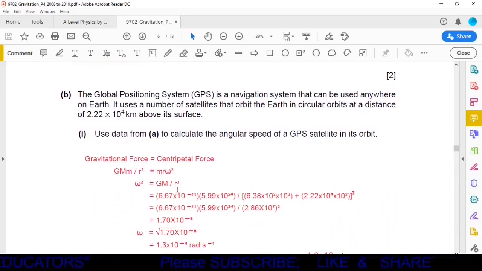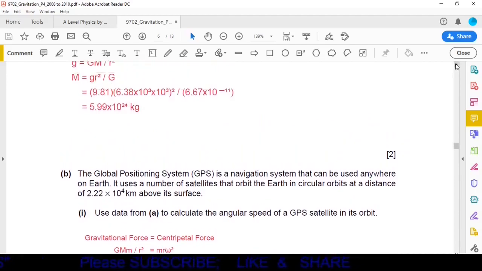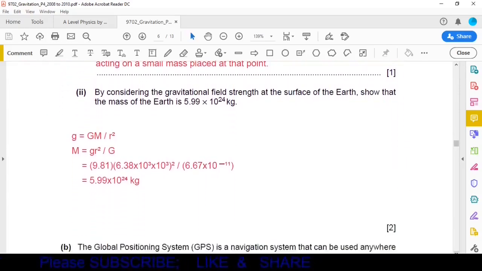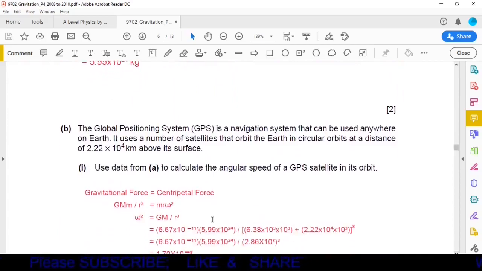Now divided by r. r is the distance from the center of the Earth to the satellite. And this distance will be the sum of the radius of the Earth and the distance of the satellite from the surface of the Earth. Radius of Earth is given as 6.38 × 10^3 kilometer and the distance of the satellite from the surface of the Earth is given as 2.22 × 10^4 kilometer.